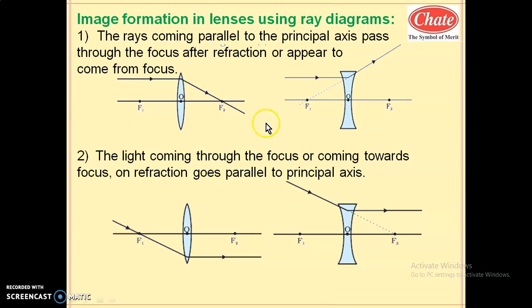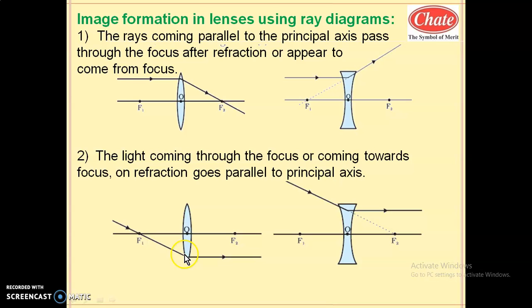Parallel rays further pass through or appear to come from the focus. The second rule is the reverse of this, meaning the reverse of these arrows. If the rays are coming from the focus or toward the focus, after refraction they go parallel to the principal axis. So this is the statement.